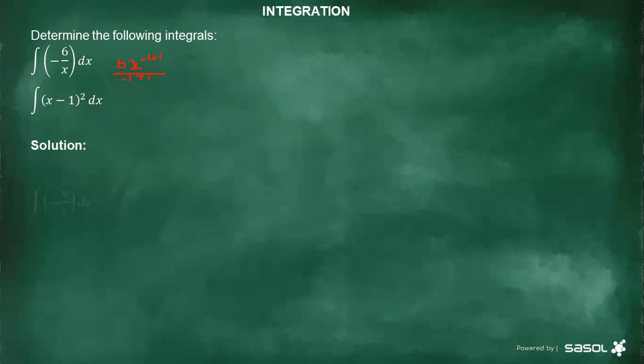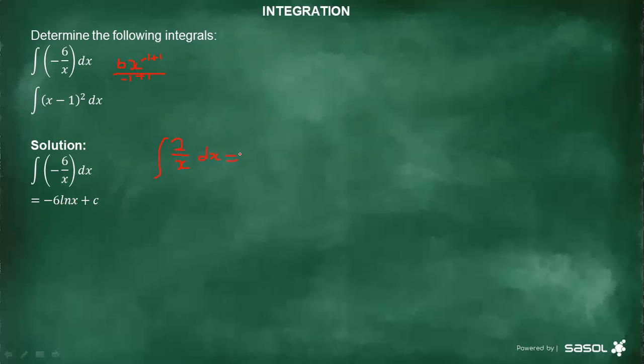Let's try to answer the first question. This one then is going to give us -6 ln x. It's very simple: -6 ln x plus c. For instance, if we had 2 over x, let me just write 2 over x, integral dx.